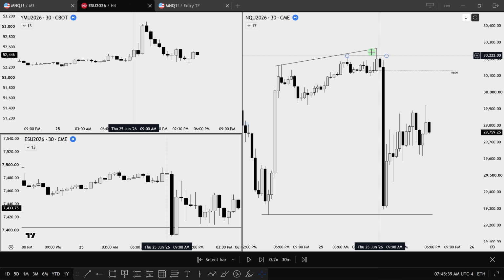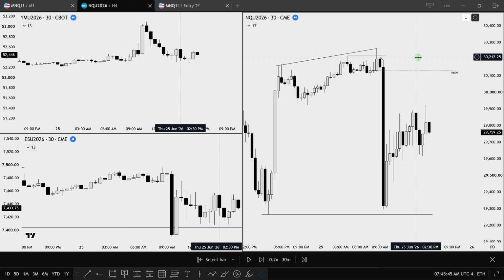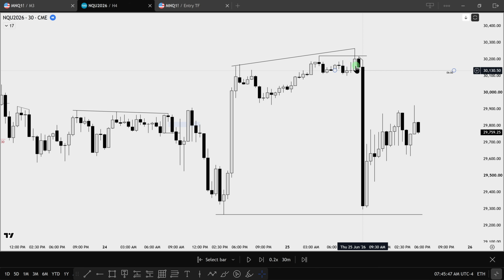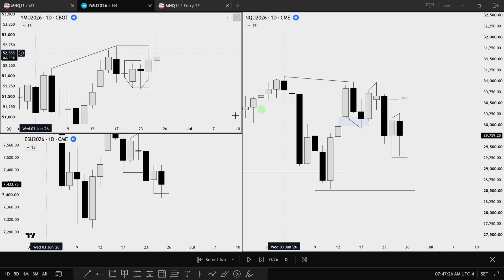There we go. So we have first stage SMT, and then we have this second stage SMT. Look at this. That is beautiful. And all you need would be to drop down to the relevant time frame and continue lower. Very simple. Now that was for Thursday.